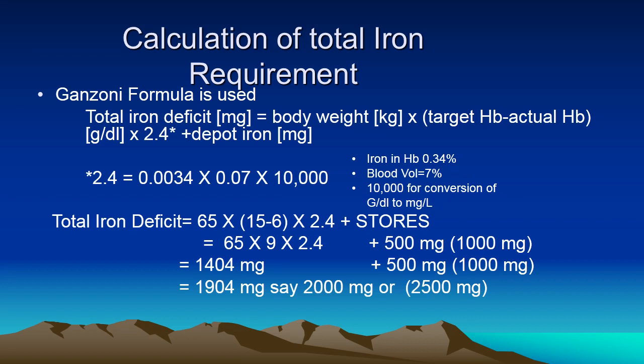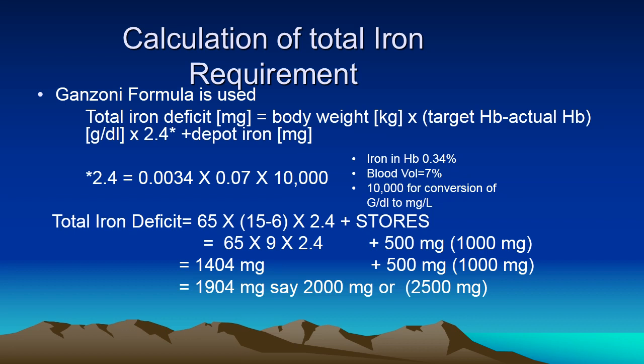The calculation of dose of iron here uses the Ganzoni formula, which reveals total iron deficit is equal to body weight multiplied by target hemoglobin minus actual hemoglobin, multiplied by a factor of 2.4, plus replenishment of the depleted iron stores.